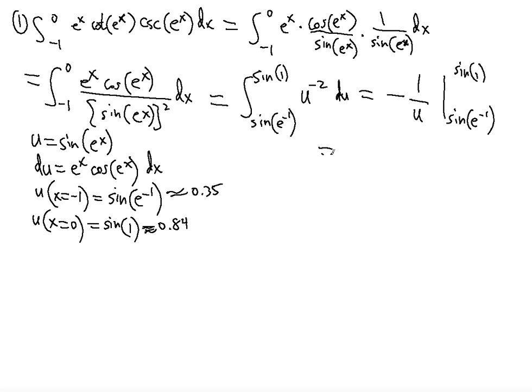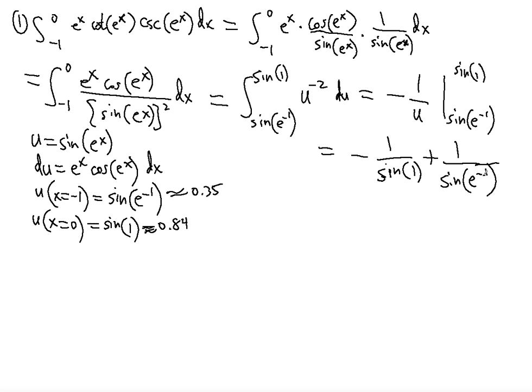So that's going to give you -1 over sine of 1 minus, well, in this case it's going to be plus because there's already a minus, so two minuses will give you a plus. Plus 1 over sine of e to the negative 1. Okay, so that's going to be your result.